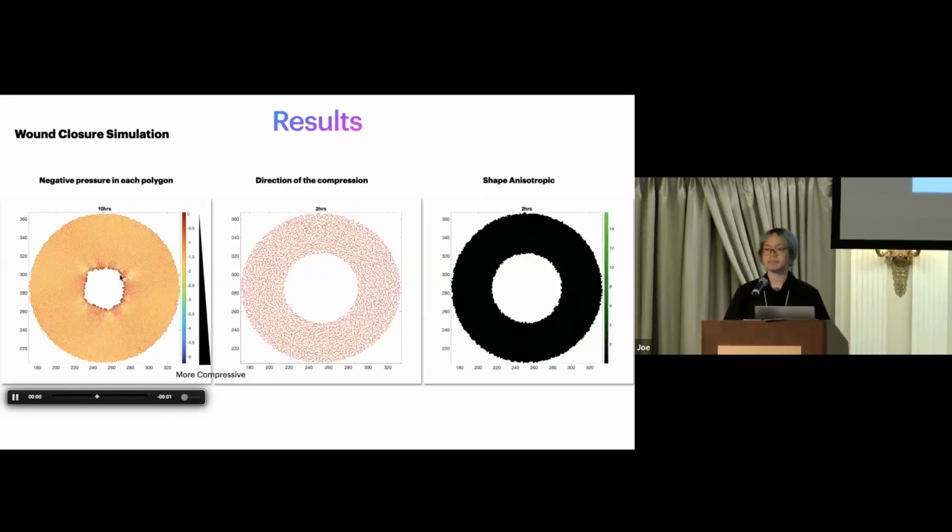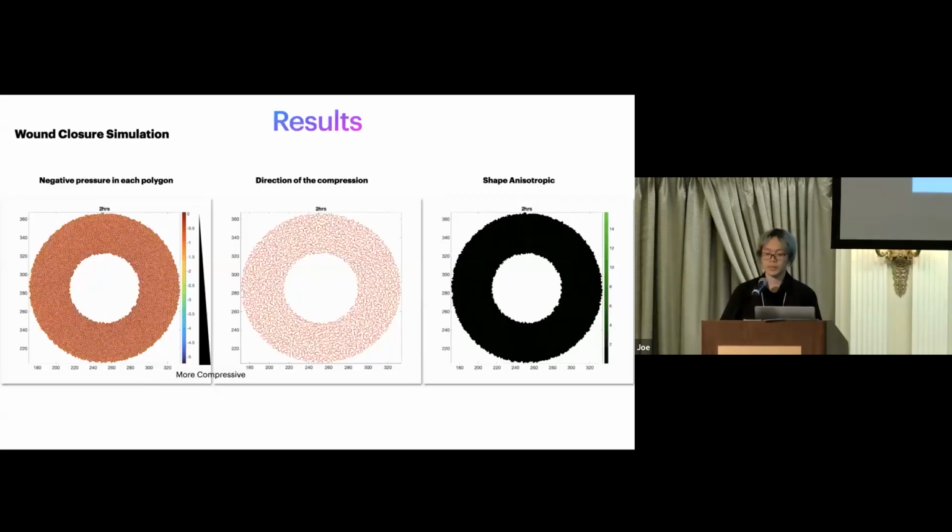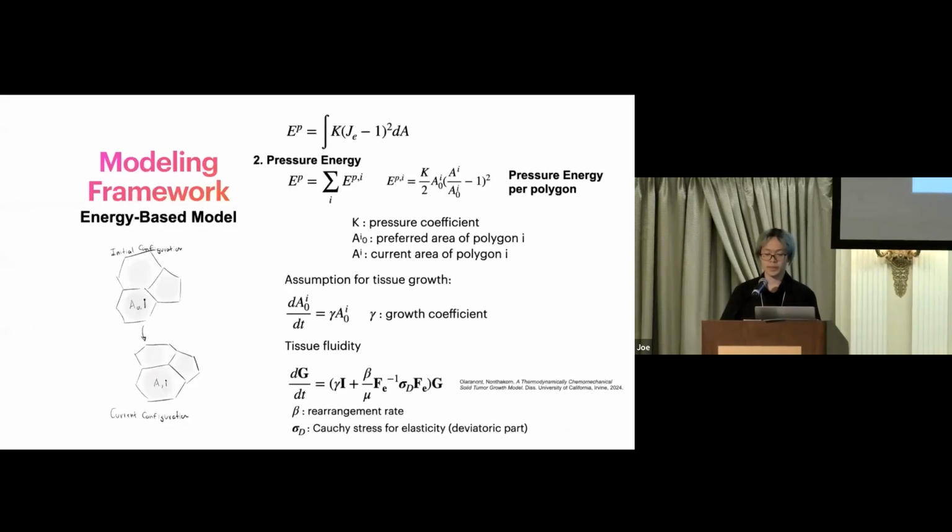Thank you. Another follow-up question: you have the growth in the tissue by a rate equation of the preferred area, right? Yeah. But is there any threshold up to which the area will grow and then stop, or will it grow continuously?